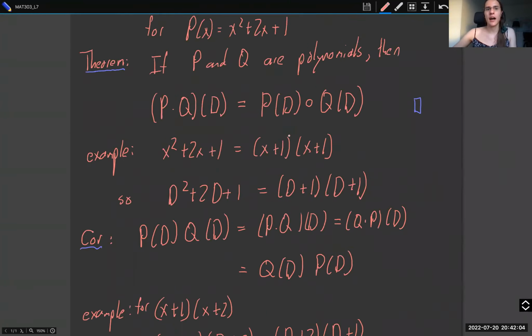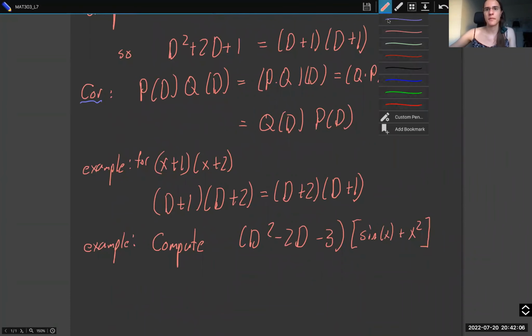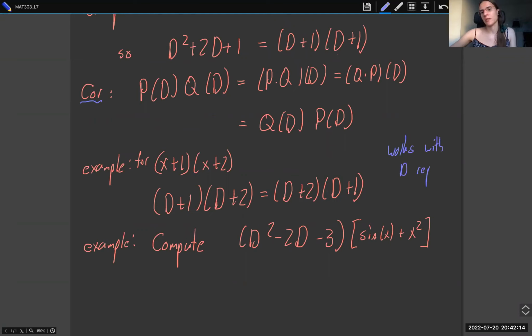But you're right, this works equally well with D replaced by L, so long as there is no other operator, no other script F basically.